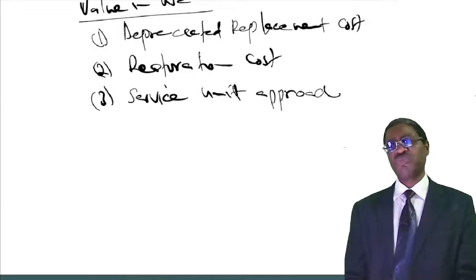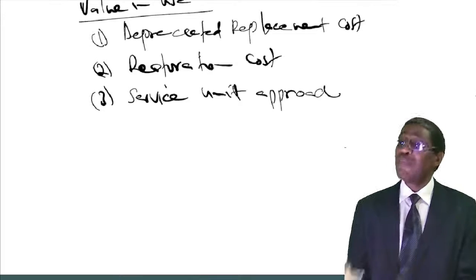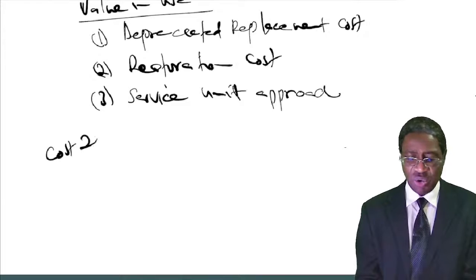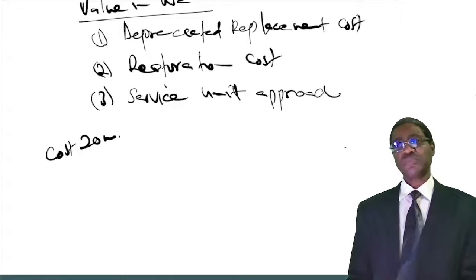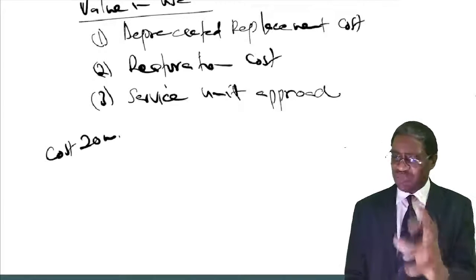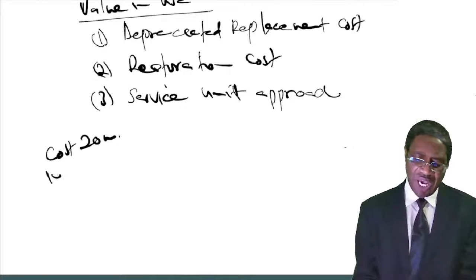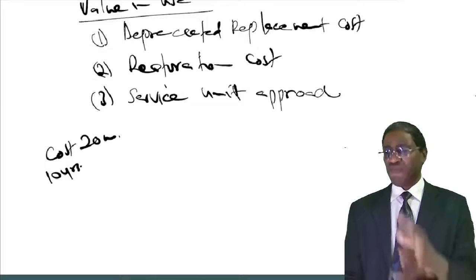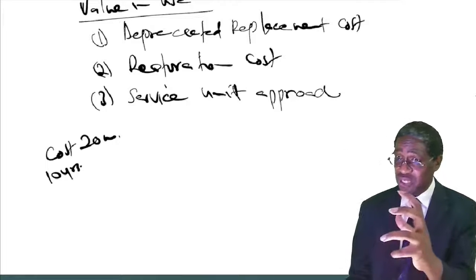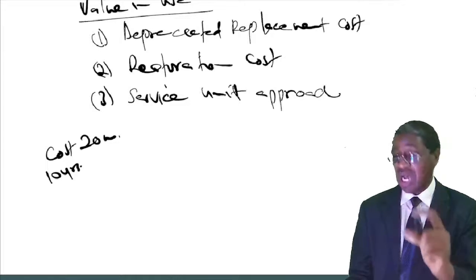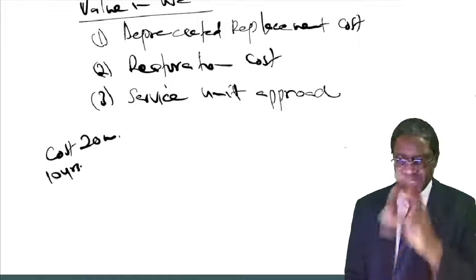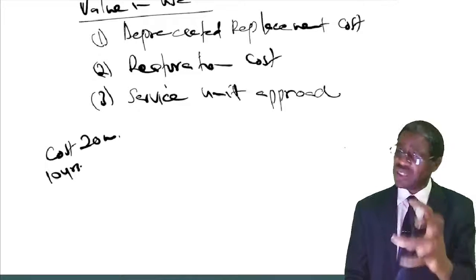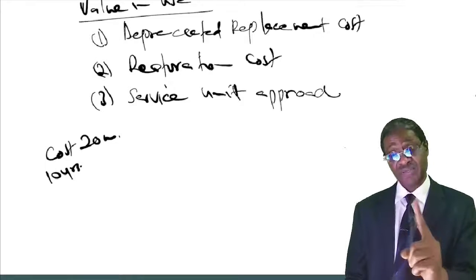I want to assume that you as a public sector entity bought a machine at a cost of 20 million. That machine has a useful life of 10 years. 5 years after you have used that machine, something happened, and as an entity you want to determine whether it has suffered impairment.